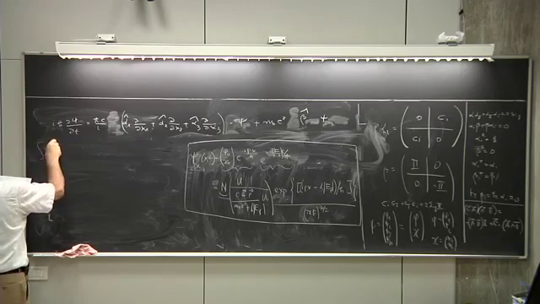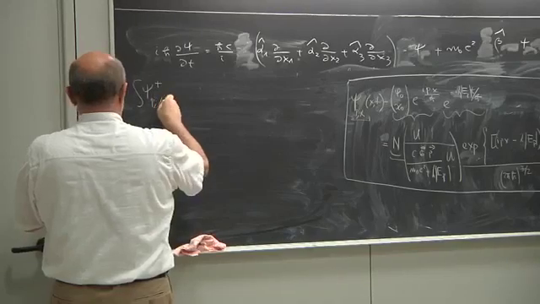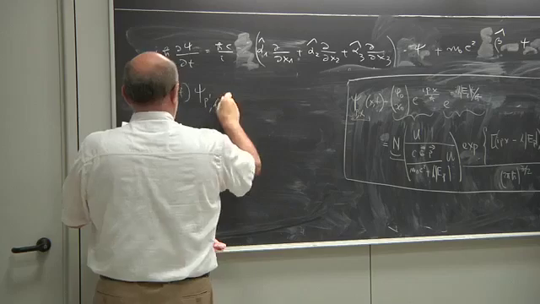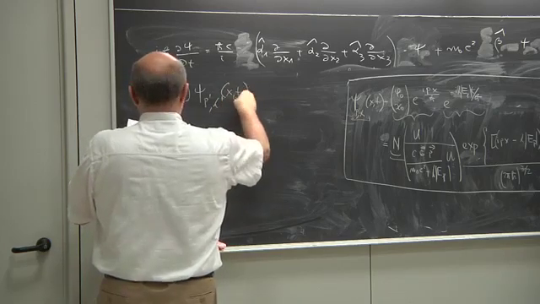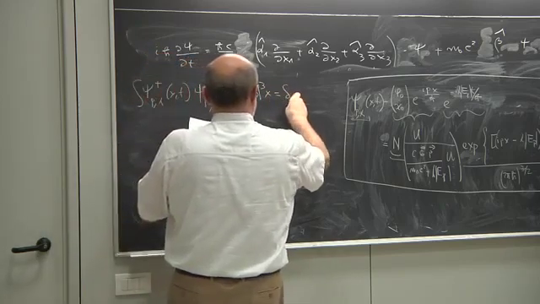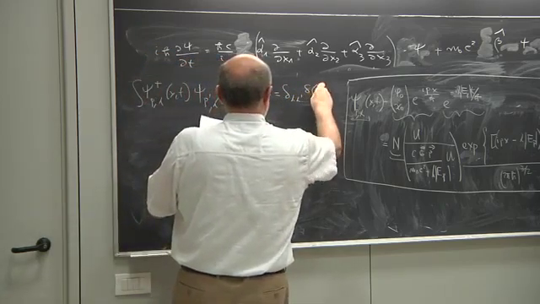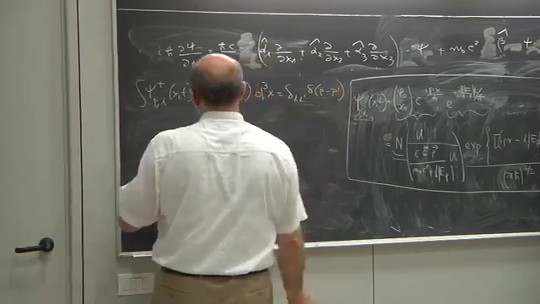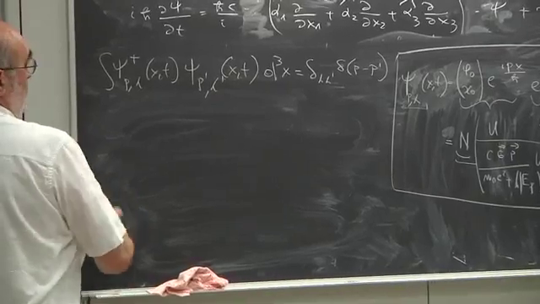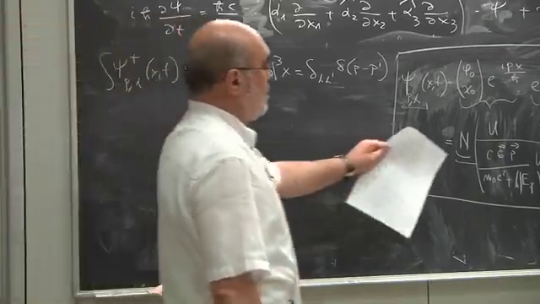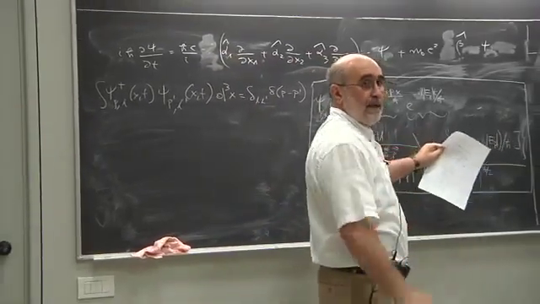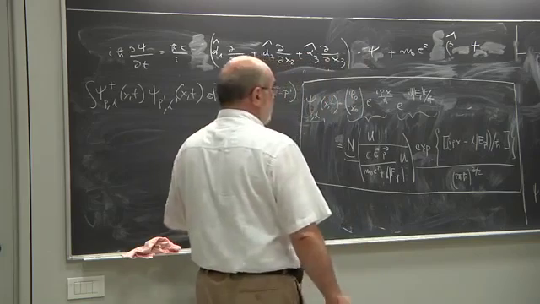It means the following: that psi dagger p lambda x t, psi p prime lambda prime x t, in d3x, we want that to be delta lambda lambda prime delta p minus p prime. This means normalize. These are the quantum numbers. If you plug it in this solution, you know, immediately you find from the exponential the Dirac delta of p.